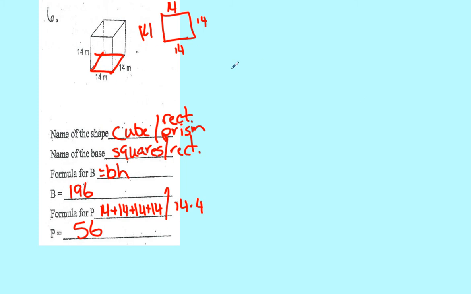Then we take our formula for total surface area of a prism, which is perimeter of the base times height, plus 2 times area of the base. And then we have area of the base and the perimeter of the base. We just need the height of the prism, which since it's a cube is still just 14.